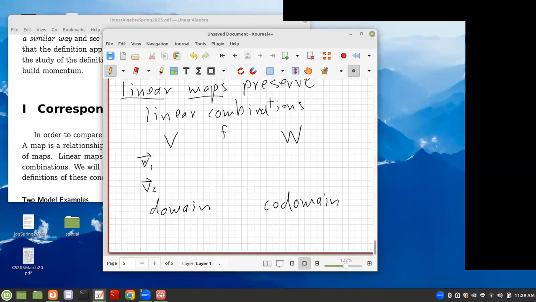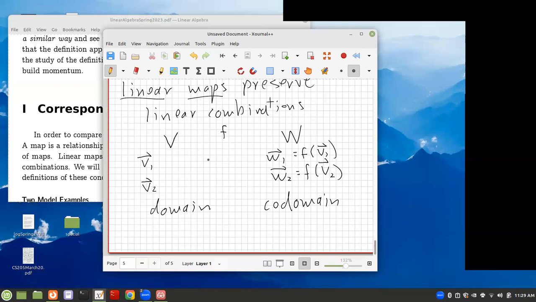Now, because these vectors are members of the domain, to be well defined, there have to be elements W1, which equals the image of V1, and W2, which equals the image of V2. In other words, to be well defined, this map has to have an image of every domain element. Now, that just says it's a map.